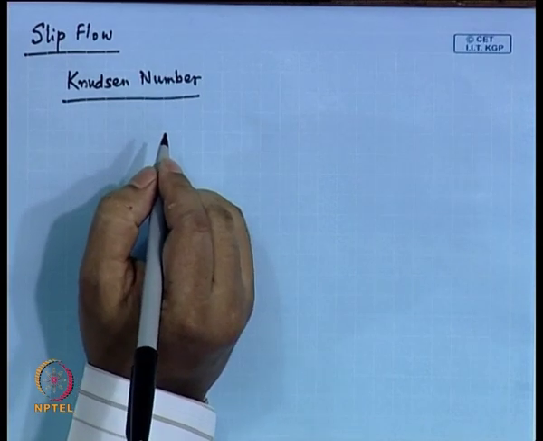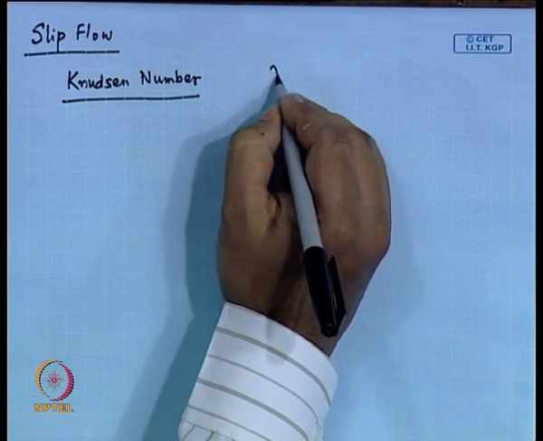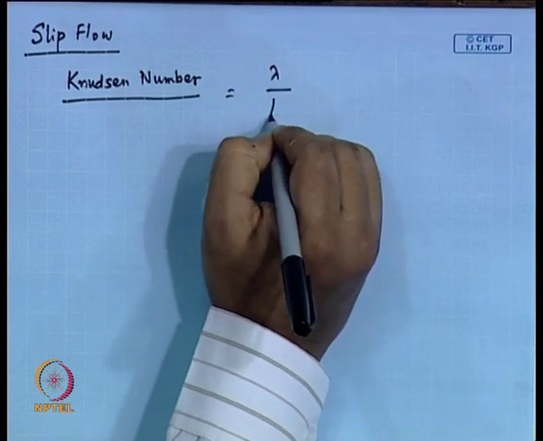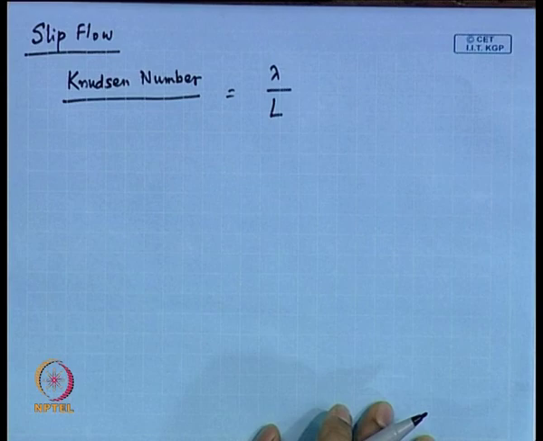And what is this Knudsen number? The Knudsen number is basically lambda by L, where lambda is the mean free path of the molecules and L is the characteristic length, maybe the dimension of the channel, the aperture of the channel that the liquid or the gas is flowing through.